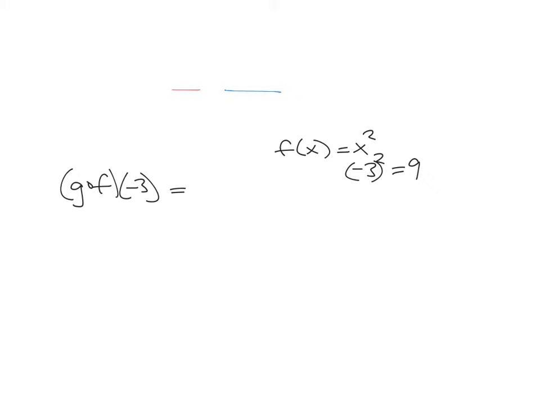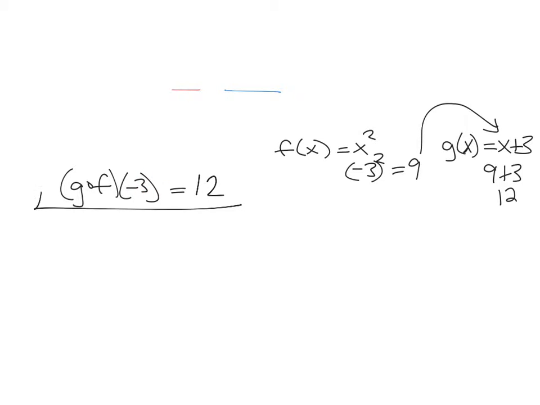Now we're going to take the 9 and insert it into g of x, which is x plus 3. So it becomes 9 plus 3, which is 12. So g of f of negative 3, the answer is 12, because that's what we got.